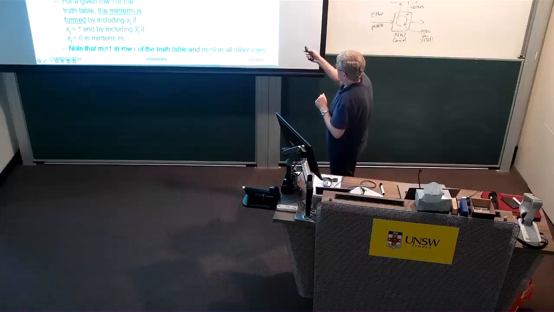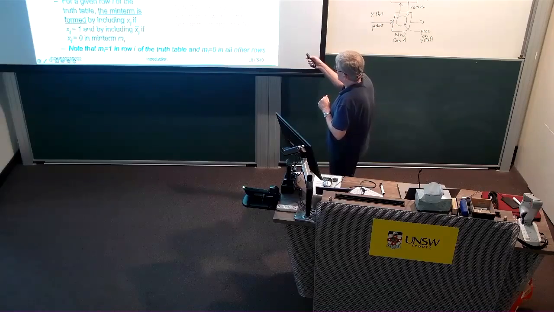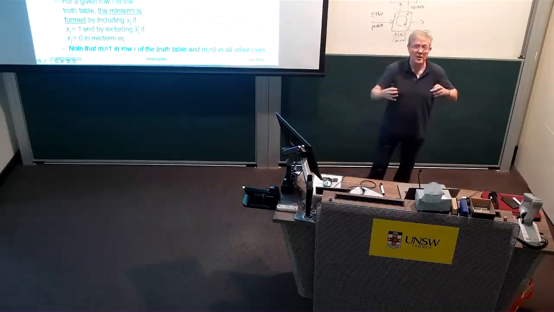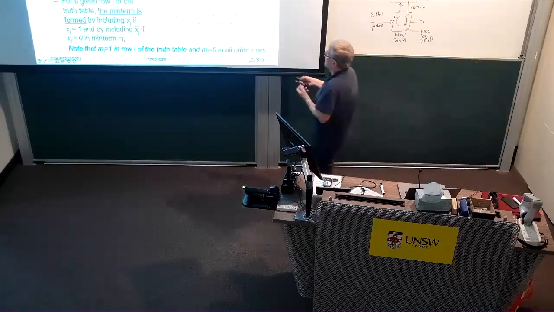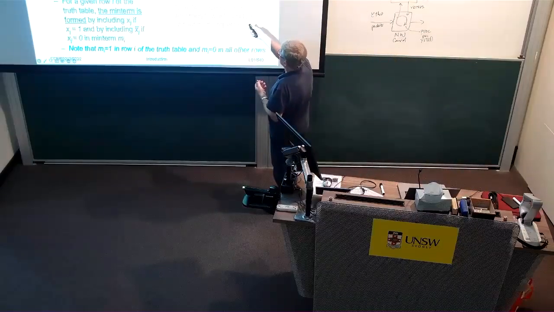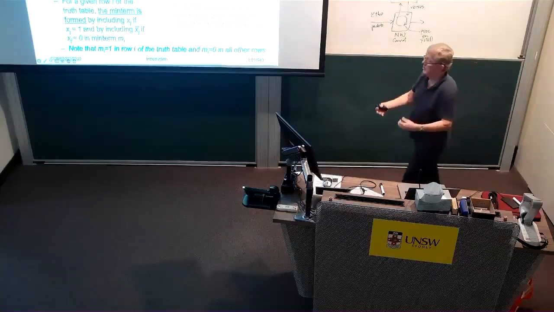If we have the valuation of x1, x2, x3 being 0, 1, 1, then not x1 is going to be 1, x2 is going to be 1, and x3 is going to be 1, and therefore the product is going to be 1. But take any other valuation, 1, 0, 1, for example, and you'll see that not x1 is now going to be 0 because x1's valuation is 1, and therefore the product term is going to be 0.